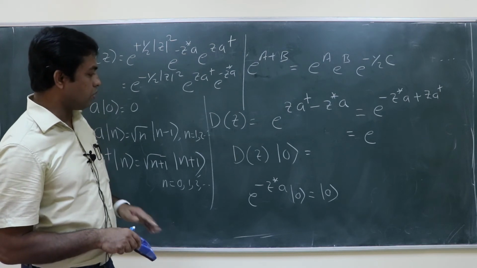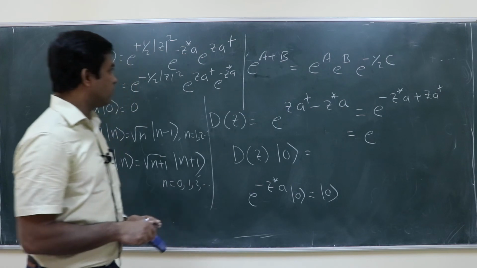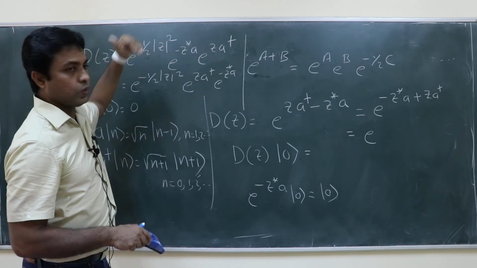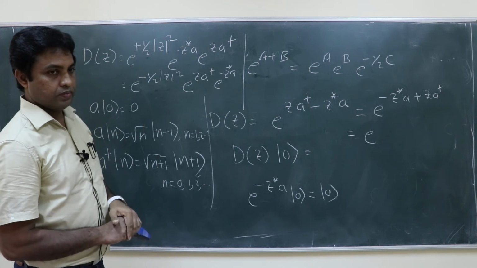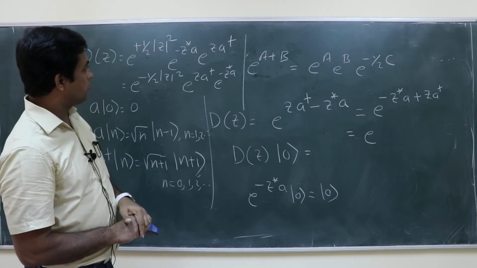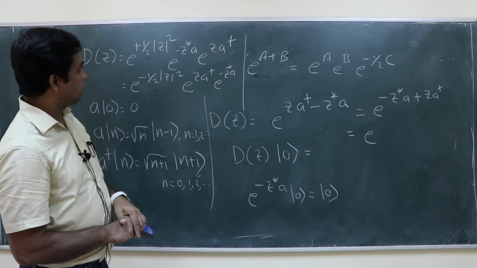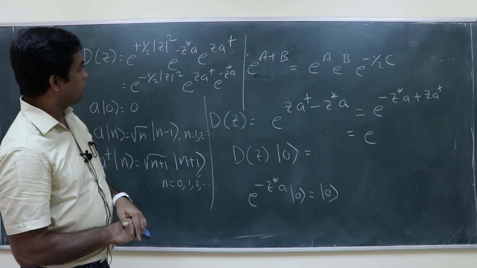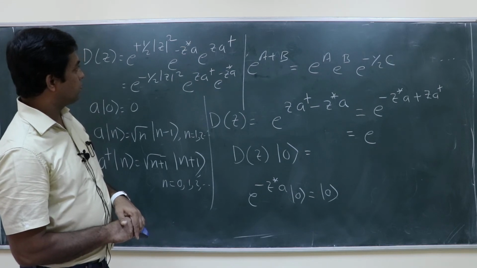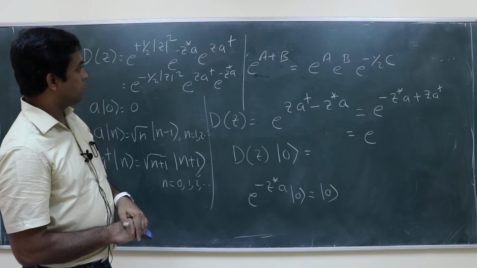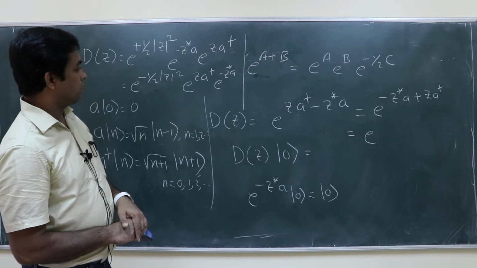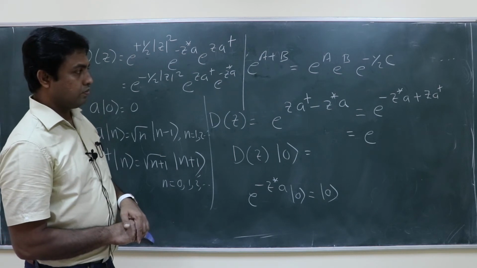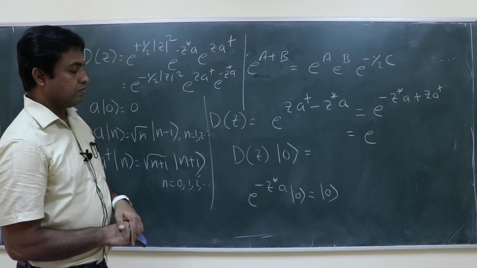For the first one, we first have to make e to the power z a dagger act on ket 0, which increases it, and all terms will be different. Then again we have to make e to the power minus z star a act on that, so it will become longer. But for the second one, it directly gives us ket 0 only, so we only have to operate once. Very good.